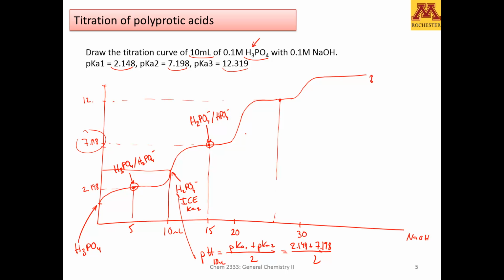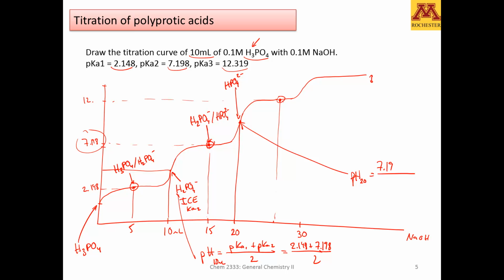Okay, and at the equivalence point in here, you will mostly have hydrogen phosphate because all the dihydrogen phosphate has been neutralized. Sorry, I have left this one behind. Okay, how can one calculate the pH here? Well, this is the average between these two. The pH at 20 milliliters is, in this case, pKa2 plus pKa3 divided by 2.